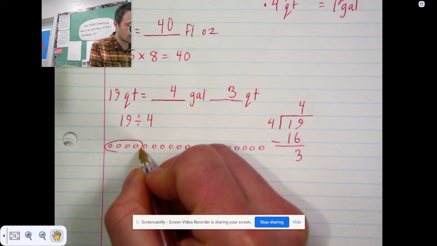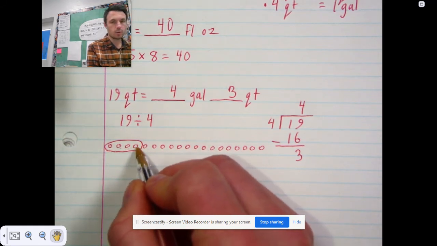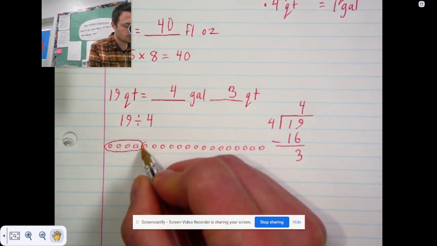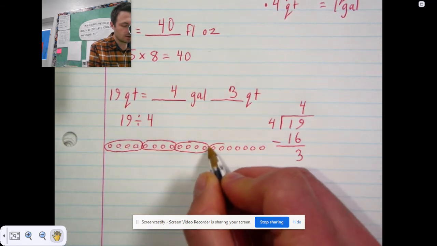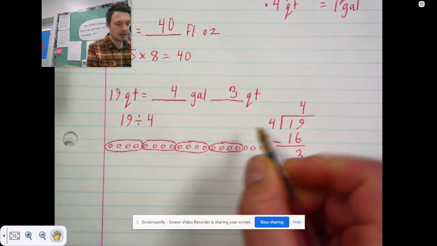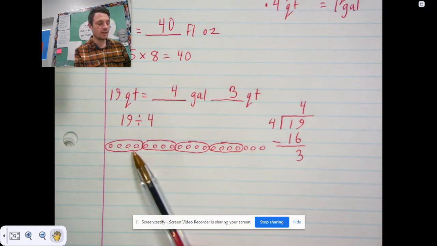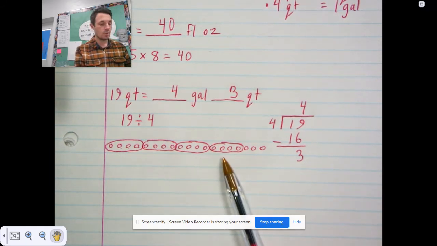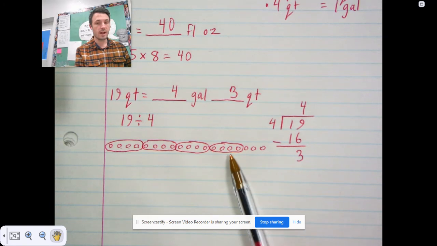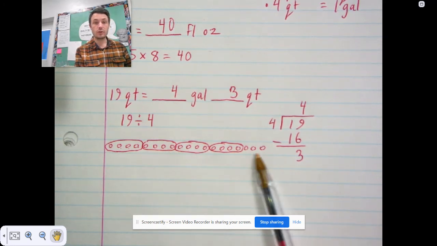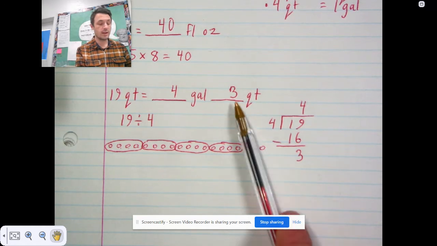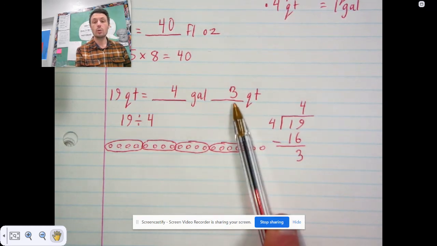So this is 1 gallon because it's 1, 2, 3, 4 quarts. This is 1 gallon. This is 1 gallon. And this is 1 gallon. And look, when we change 19 quarts into gallons, we get 1, 2, 3, 4 gallons, hence the 4, but there's 3 quarts left over. So that's why it's 4 gallons, 3 quarts.